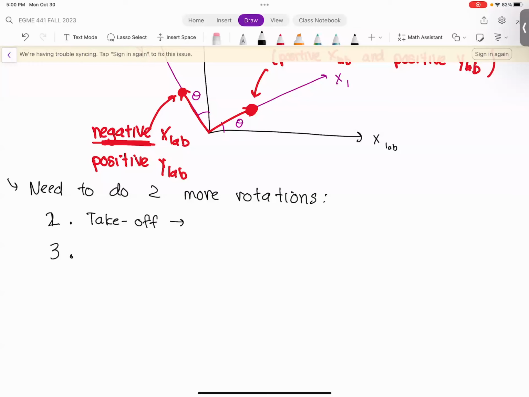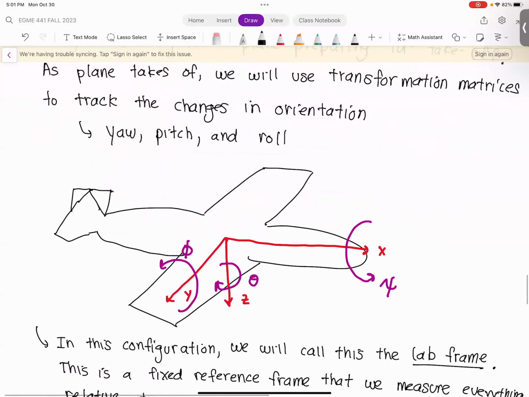Taking off is going to involve pointing the nose upwards, and so this is going to be a rotation about the y-axis. Let's go back here.